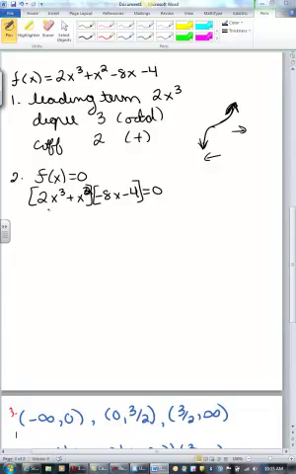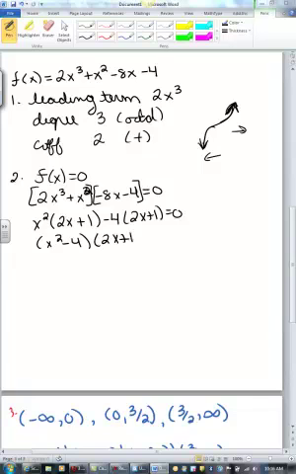The GCF in the first half is x squared, so we get 2x plus 1. In the second half, I'm going to pull out a negative 4, and we're also going to have 2x plus 1, which gives us x squared minus 4 times 2x plus 1. So x plus 2, x minus 2, 2x plus 1 equals 0.